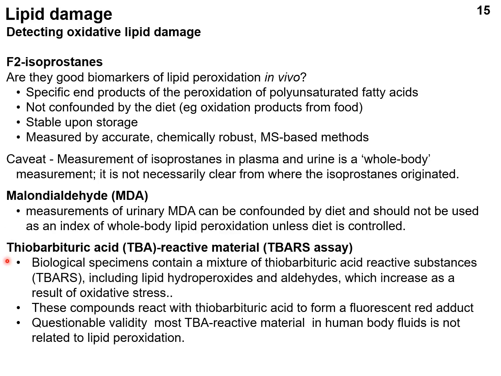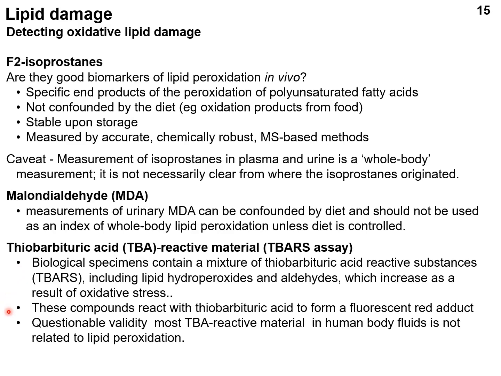It's very popular because it's very cheap, and the equipment that you need to use is found in a wide variety of laboratories. So, for example, UV plate spectrometers, which you've already been exposed to or know something about. And with this reaction, we have thiobarbituric acid reacting with hydroperoxide to form a fluorescent red product.